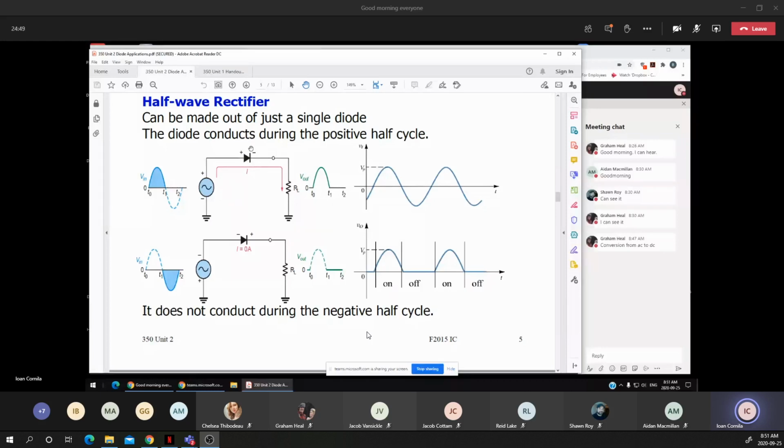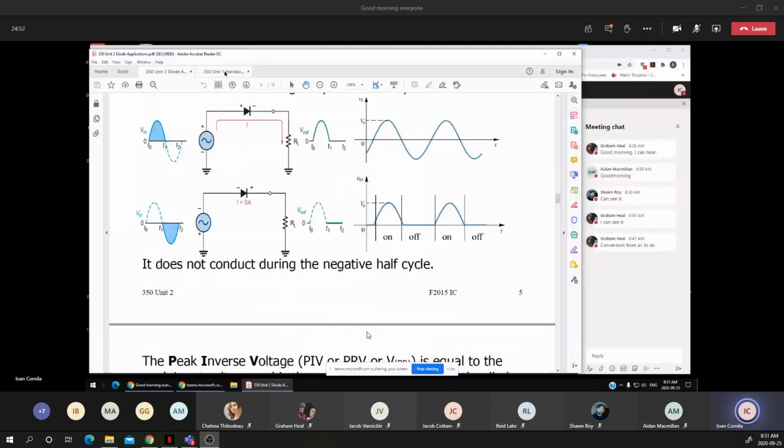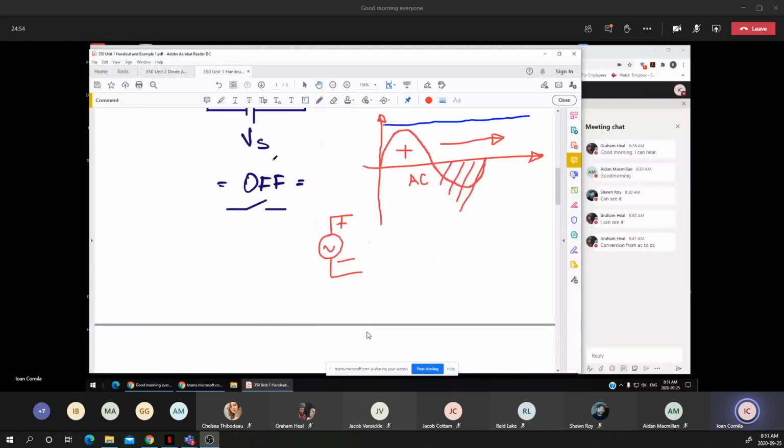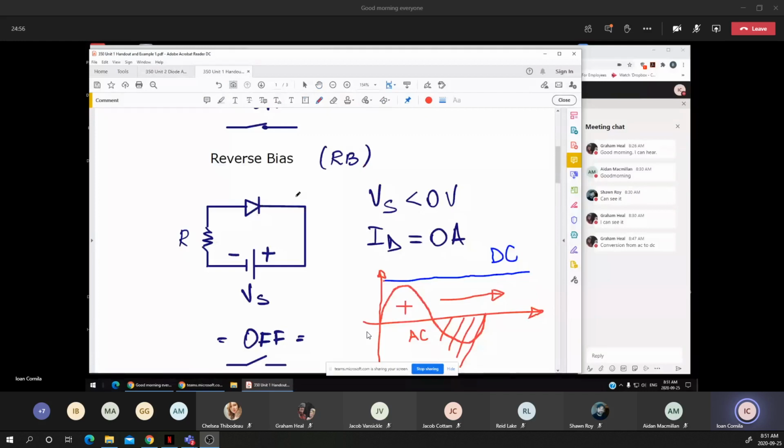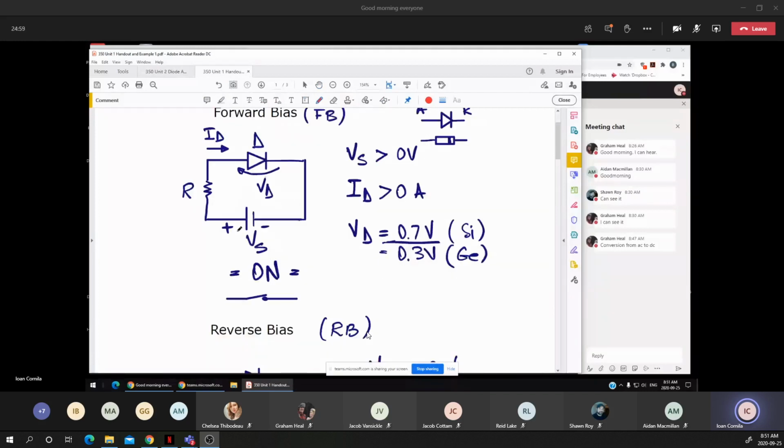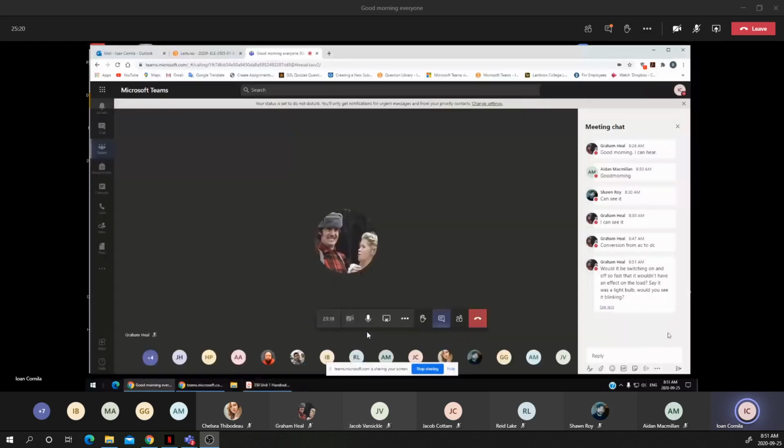Now we are looking at the second half. Let's go back to the two circuits. Again, I'm applying the positive to the anode and the negative to the cathode. I said that for any positive voltages applied to the circuit, it would be like switching. Exactly.